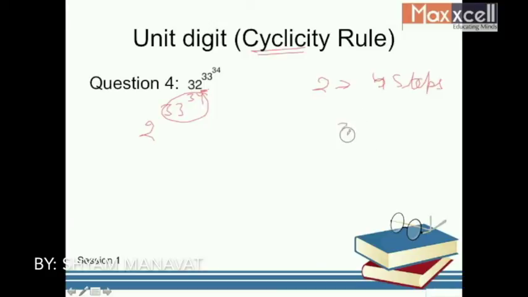So we divided 33 to the power 34 by 4 and checked the remainder. Using the remainder theorem and the expansion part, we got the remainder as well. So I can write this as nothing but 2 to the power 1, which is 2. So that is my answer.